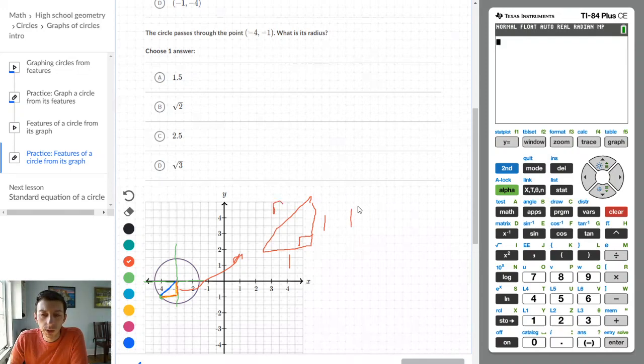So again, that's where I can do 1 squared plus 1 squared is equal to the radius squared. Now that 1 squared is 1, 1 squared is 1, so these both combine to be 2. So you get 2 is equal to r squared, and then when you take the square root to solve, you end up with r is equal to the square root of 2.